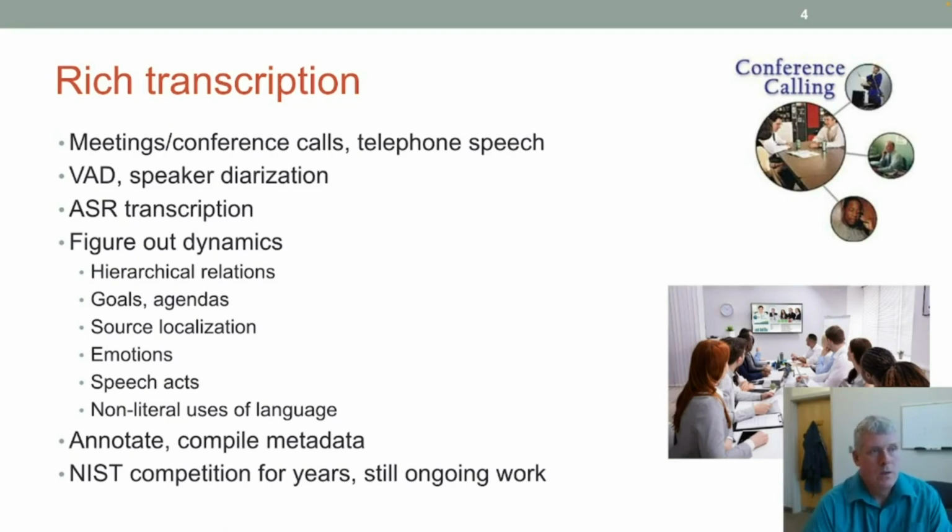And you want it to, number one, transcribe what each person is saying and identify each person as a separate speaker, and also do the voice activity detection, the VAD that we've done in speaker diarization, separating out the different voices from each other, and then do ASR transcription, but also try and figure out dynamics like hierarchical relationships in the group, like who's the boss, who are the underlings, what the goals and agenda are, how far each speaker is from the microphone, any emotions or speech acts or non-literal uses of language like metaphorical or sarcasm. Right, trying to do all that is tough.